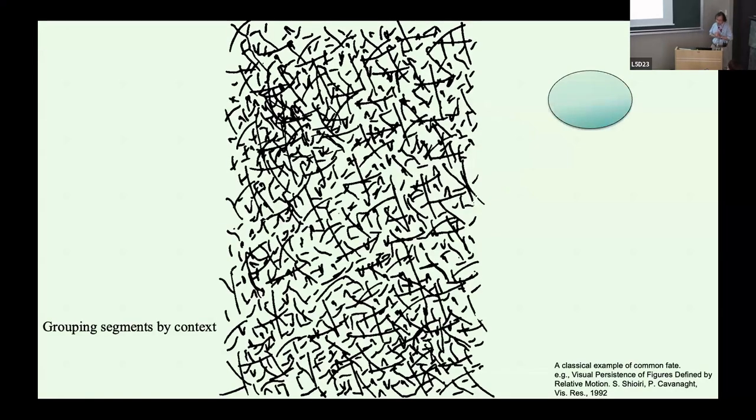Here's another quiz. This slide shows many line segments, and there is a bar comprised of some line segments. Can you see a bar? It's very difficult again, so let me give you one hint. The bar is about this size. Can you find it? This is actually very difficult.